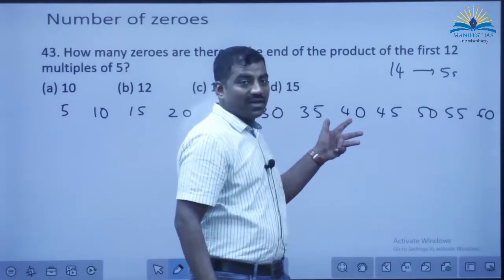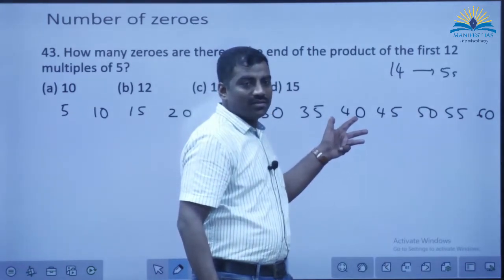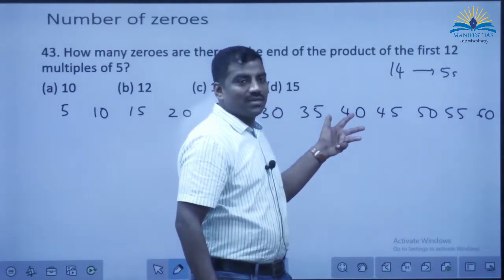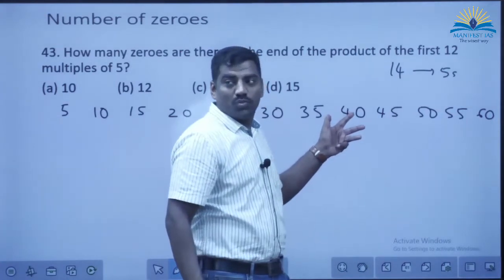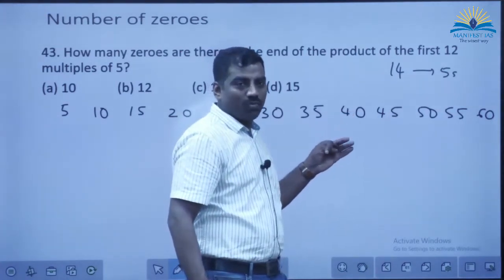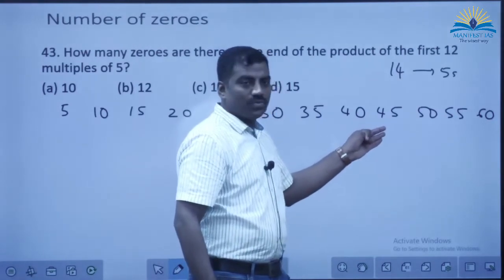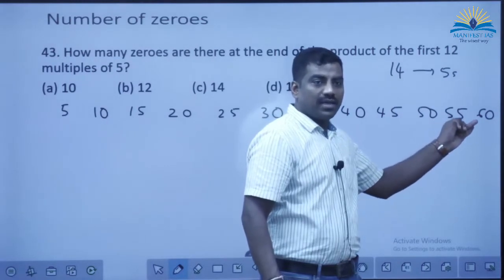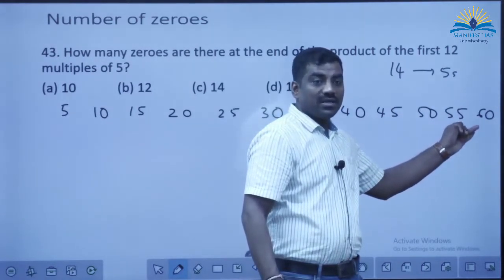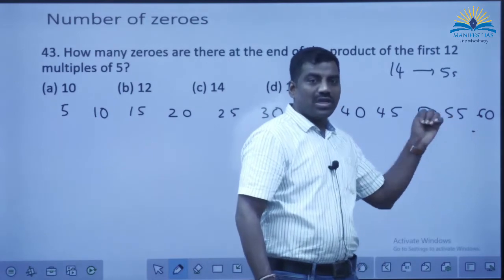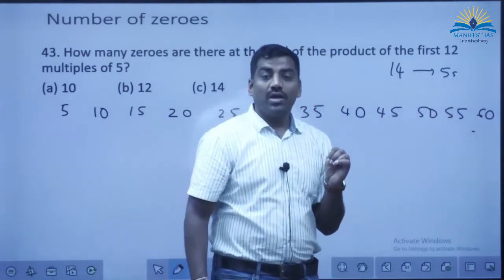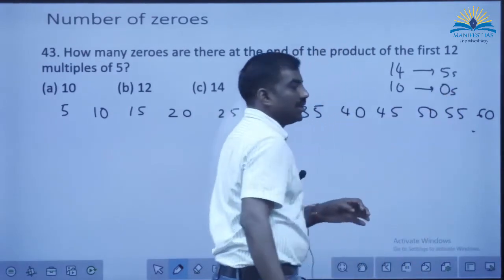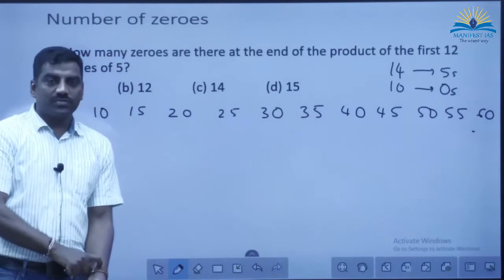In 40, how many twos are there? 40 is divisible by 8. 3 twos are there, 2 into 2 into 2. So totally 7 now. Here no. Here 8. Here no. Here 60, it is divisible by 4. So totally we have 10 twos. 14 fives and 10 twos.